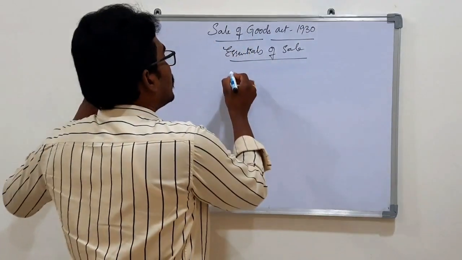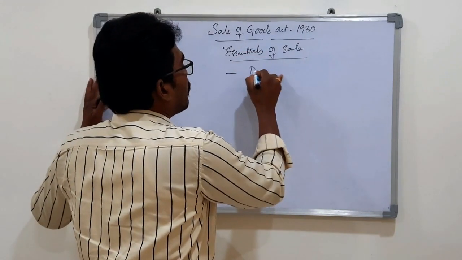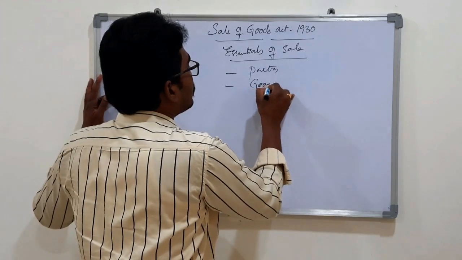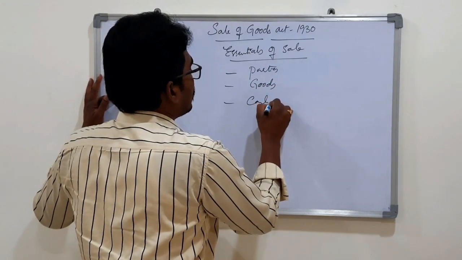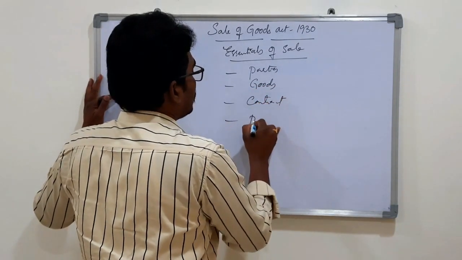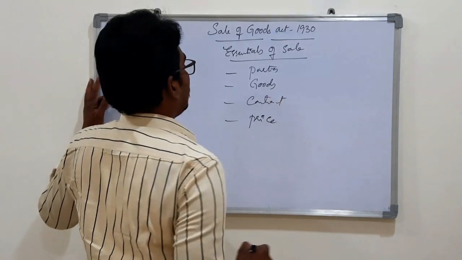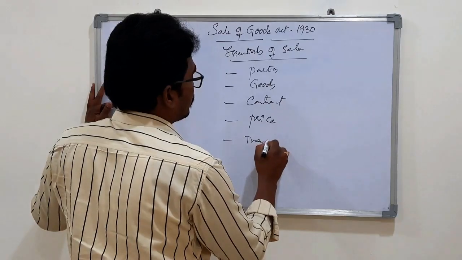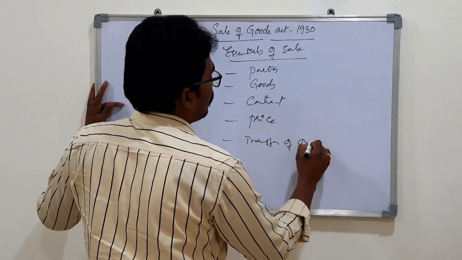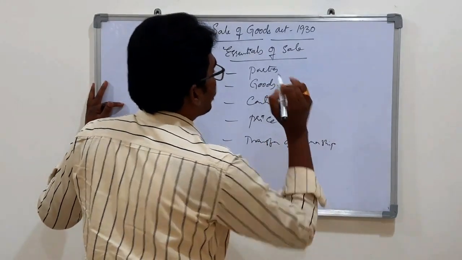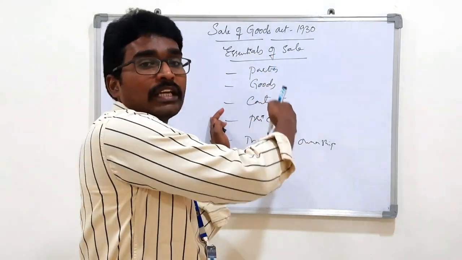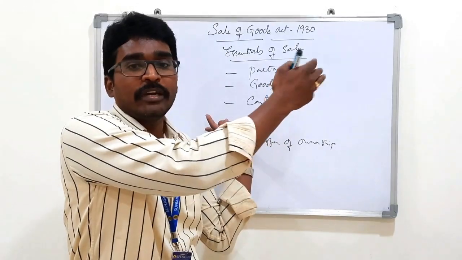The first one here is parties, goods, contract, price. So these are the essential elements, and transfer of ownership also. Now let us discuss each element required for performing sale of goods.